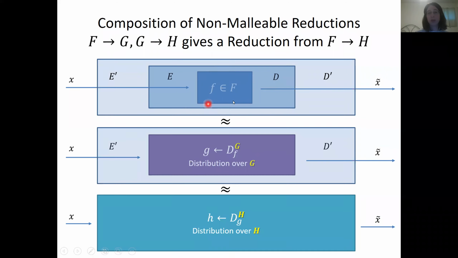Given our non-malleable reduction from F to G, we can replace the first blue box with a distribution over functions in the class G. And now, for every little g, we can replace the outer blue box with a distribution over functions in H. And now we see that the top and bottom are still indistinguishable. And so now we've been able to replace the entire outer box here with a distribution over functions in H.